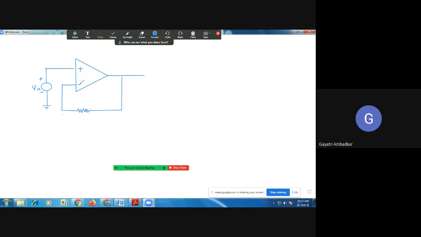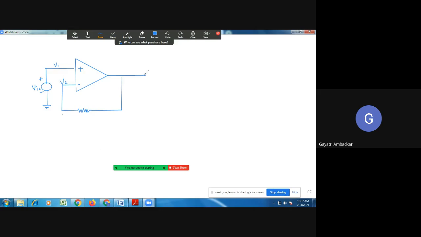This is the inverting terminal. These are the input terminals. Let's say this is the non-inverting, positive terminal, and the voltage at this terminal is, let's say, V1, and the voltage at this terminal, let's say, V2. So we are connecting the input voltage to the first terminal, the non-inverting terminal.